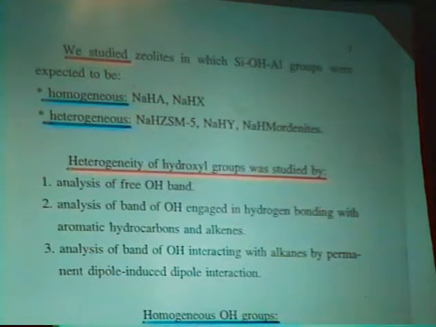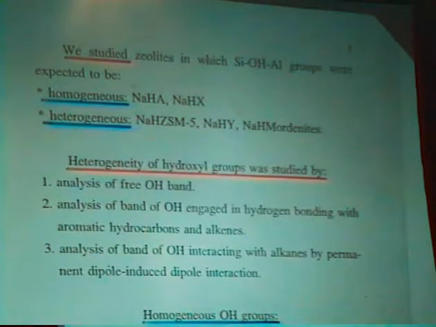We studied heterogeneity of hydroxyl groups by IR spectroscopy, by the analysis of the free hydroxyl band, and by the analysis of the band of OH groups engaged in hydrogen bonding with aromatic hydrocarbons or olefins, or interacting with paraffins by permanent dipole-induced dipole interaction.